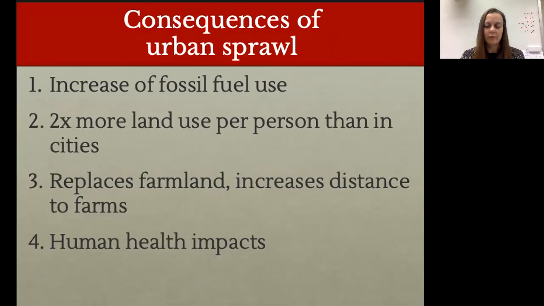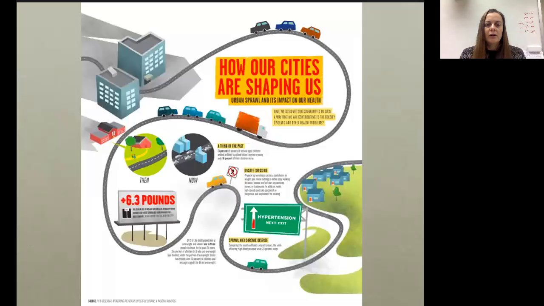So obviously, as we use more fossil fuels, we're going to increase air pollution. That's going to have an effect on people with things like asthma and bronchitis. Spending a lot of time in the car also tends to increase a sedentary lifestyle, where they talk about the commuter diet, where we stop and pick something up in the car on the way home.